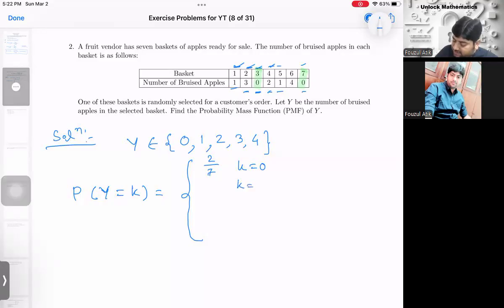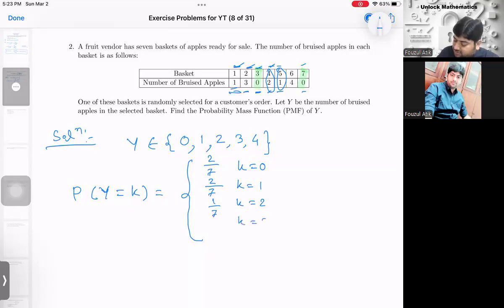Similarly, what is k equal to 1? Probability of y equal to 1. That means the probability that one bruised apple is possible, if you select the first one and the fifth one. So again the probability is 2 by 7, because there are two such baskets which contain only one bruised apple. Similarly, k equal to 2: you have only one such basket, the fourth basket, so it is 1 by 7.